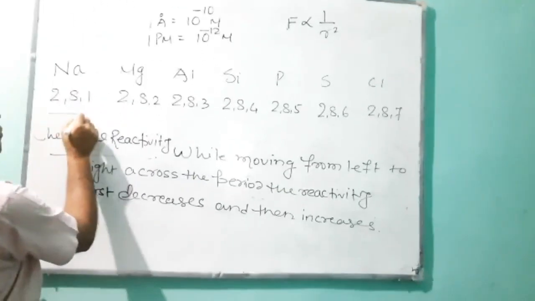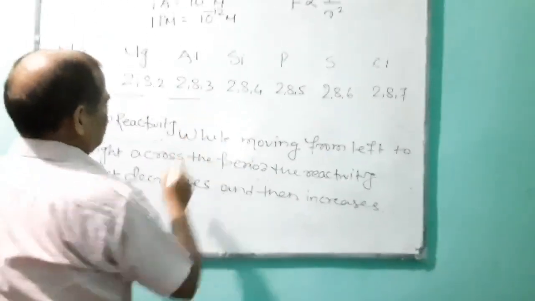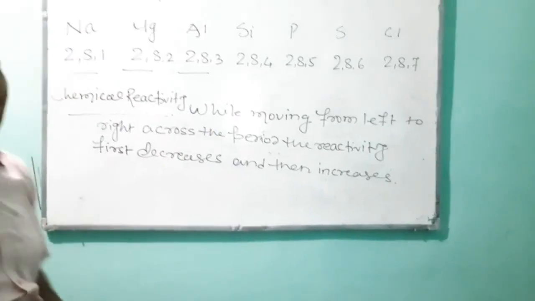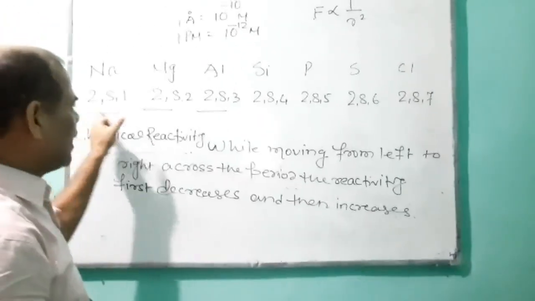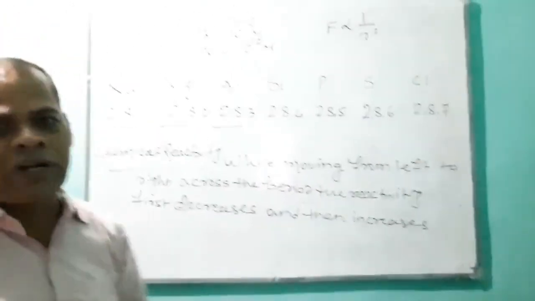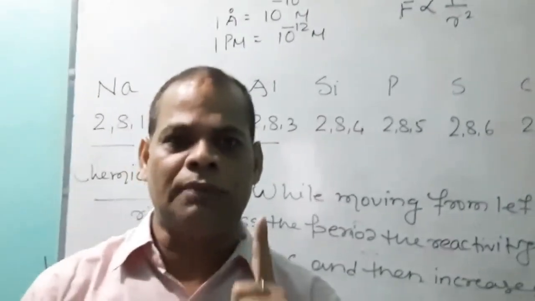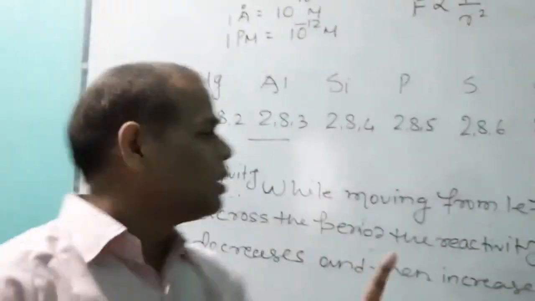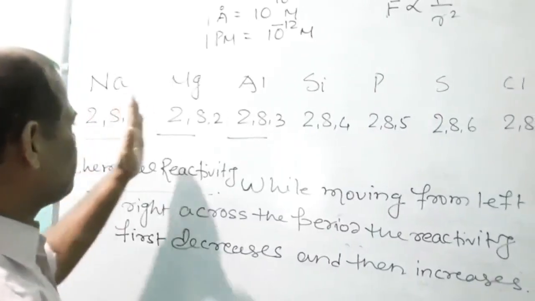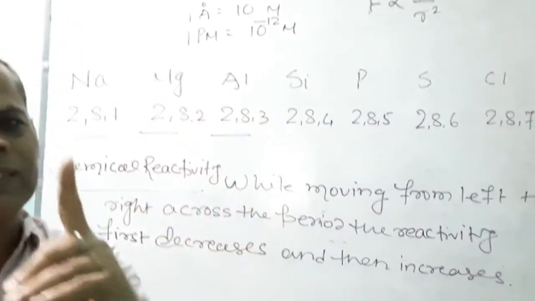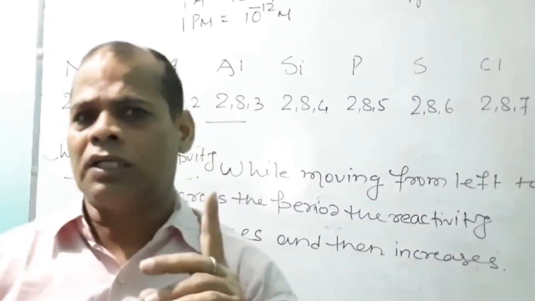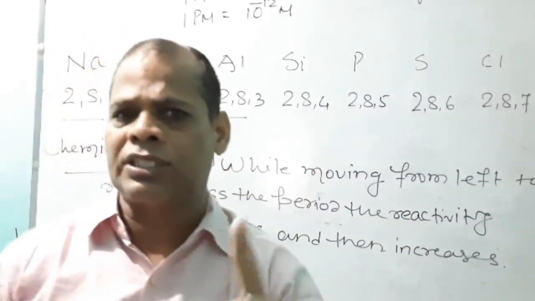So let us see here sodium, magnesium, aluminum. Just now we have discussed that as we move from left to right across the period, the size of an atom decreases due to effective nuclear charge.